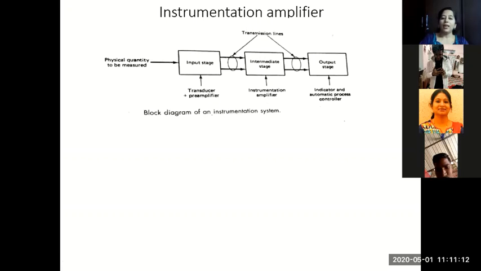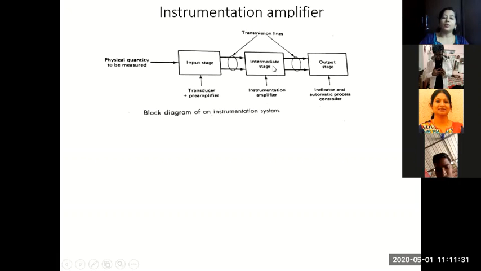Now we have transmission lines here which will pass on the signal measured and converted. The electrical voltage or current which we get here after measurement, conversion and amplification is passed on through transmission lines or wires to the next stage.